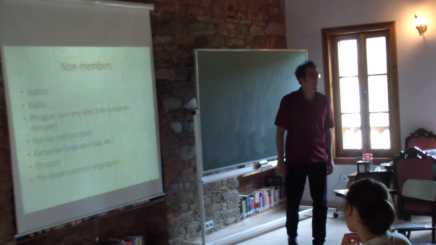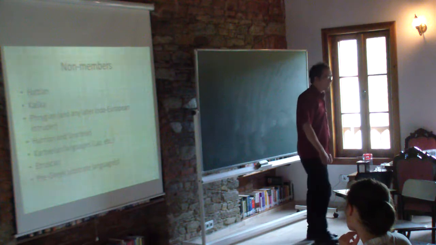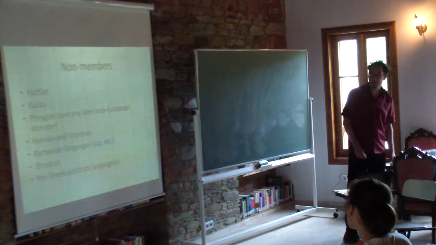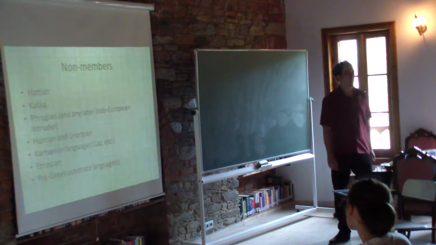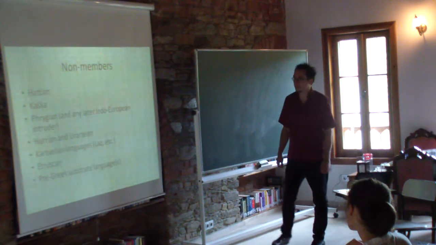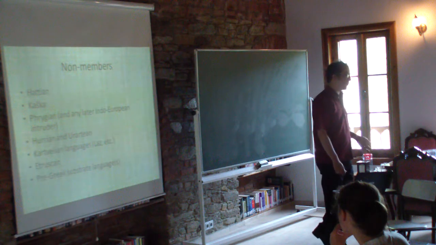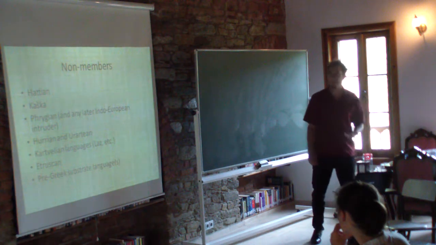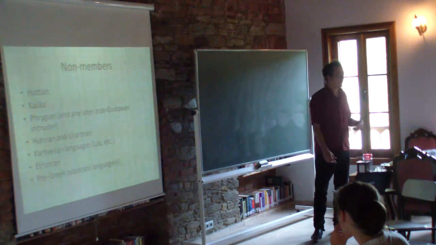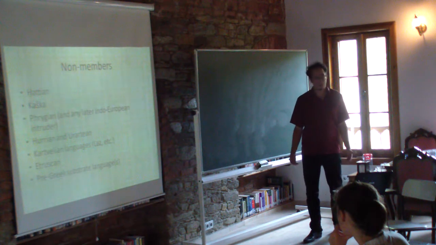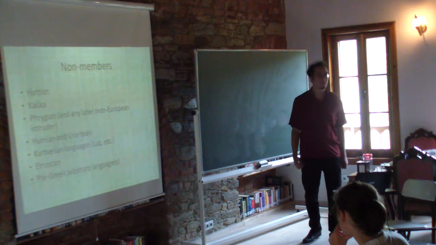And finally, we mentioned earlier the substrate languages, and Greek has some substrate, at least one, but maybe more languages, and people love to connect them with Anatolian languages. Again, there is no proof for that. The only proof is that there are some similar toponyms both in Anatolia and in the Aegean, but it doesn't tell too much about these languages. So these are the non-members of the Anatolian branch.